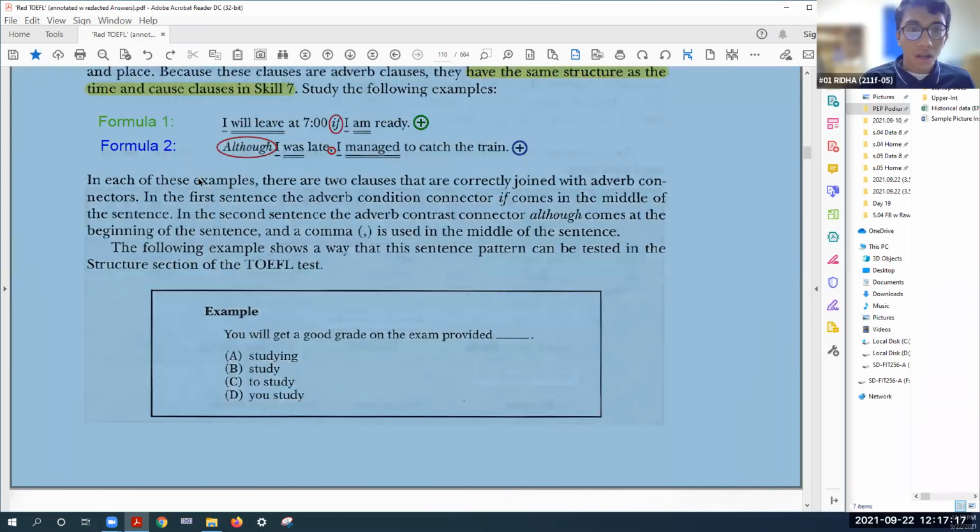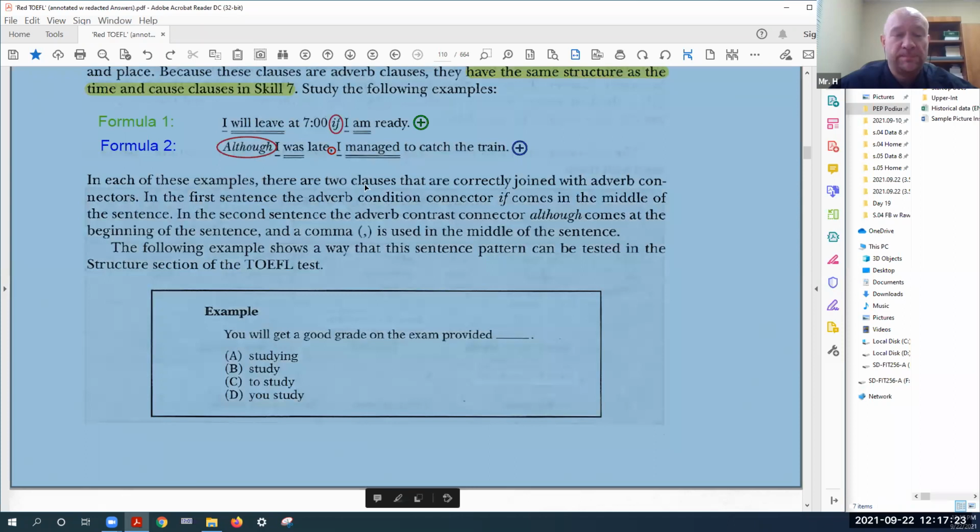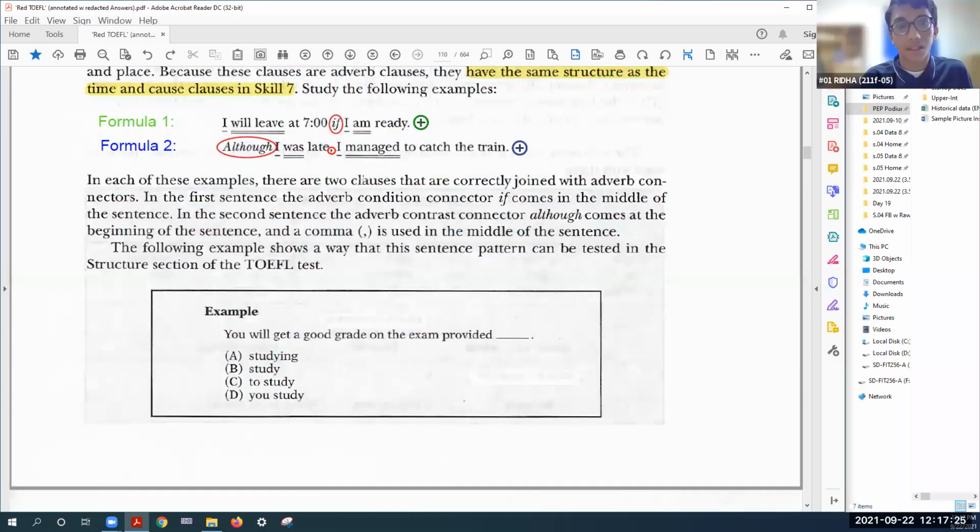I will leave at 7 if I am ready. I is the first subject. Will leave is the first verb. If is the condition connector. Then I is the second subject, and am is the second verb.